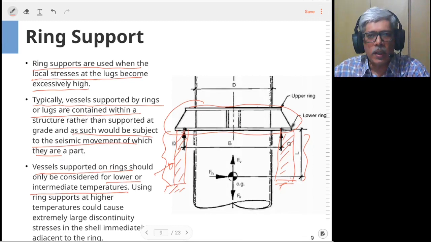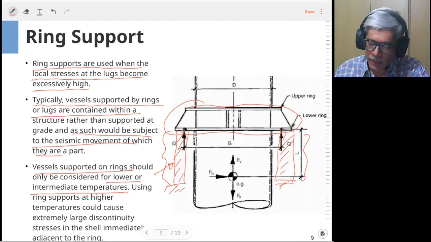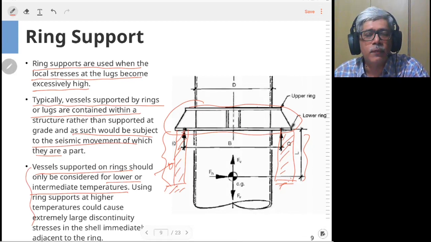You need to pay careful attention to how much clearance you are providing and other details, which can become very impractical for very large size vessels. So ring supports are to be used with care, or avoided, in case you are operating very high temperature vessels. That is the last point being discussed for the design of ring supports.